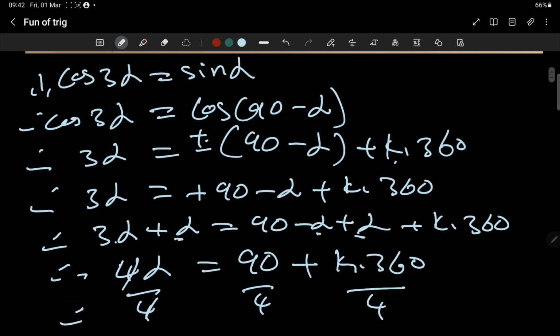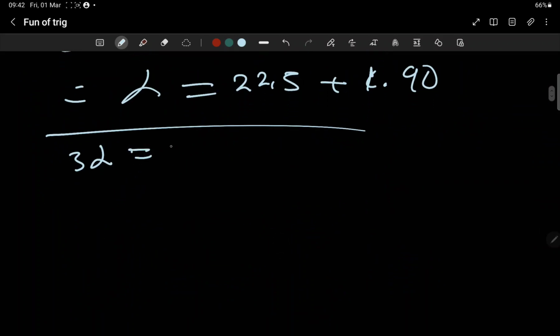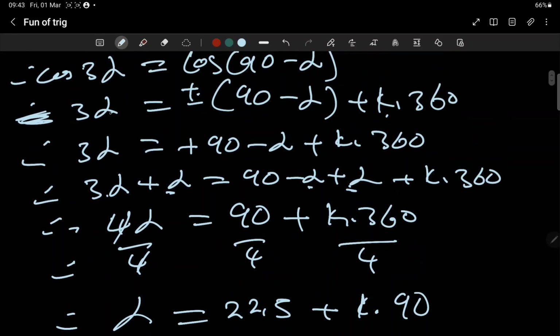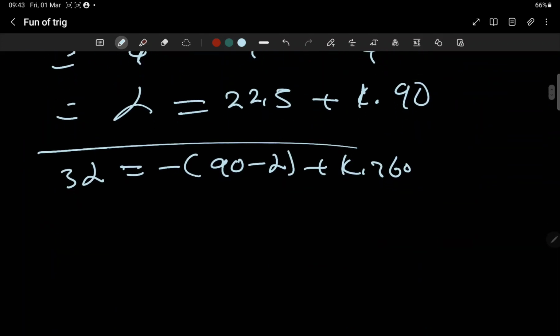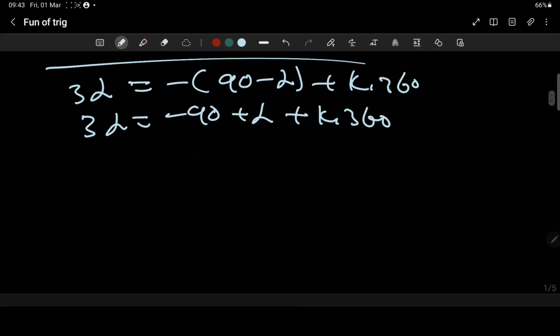This is where I'm copying this from. 3 alpha equals minus 90 minus alpha plus k 360. Okay, then let's try to solve this one. 3 alpha equals minus 90, negative times 90 plus alpha plus k 360.